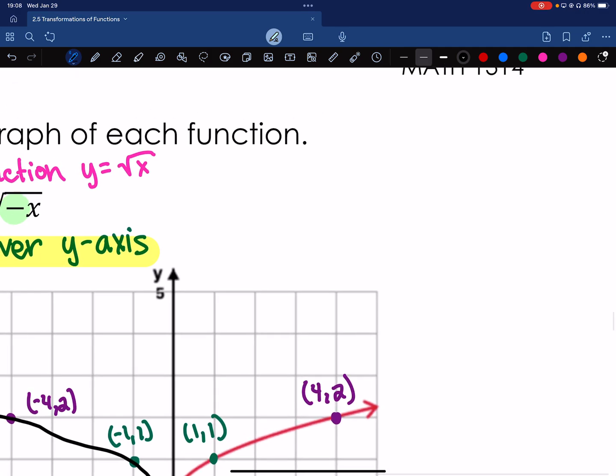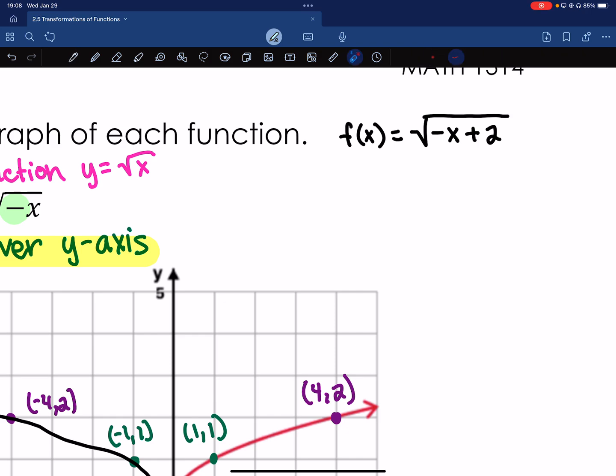So an example, if we had f of x equals the square root of negative x, we'll just go plus 2 like that. If you had something like that, we may think that, yes, this is a reflection over the y-axis and it's going to the left too. But you would be wrong and then you get really mad, like, why am I getting this wrong?